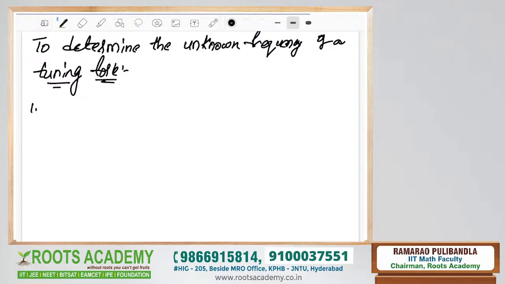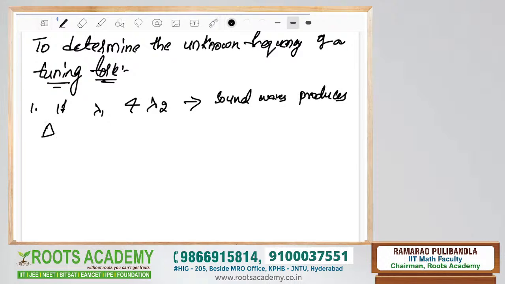The first one: if two sound waves of wavelengths lambda 1 and lambda 2 produce delta n beats per second.